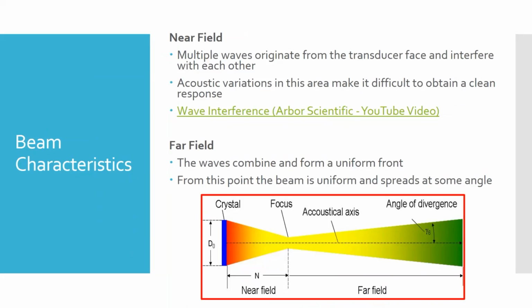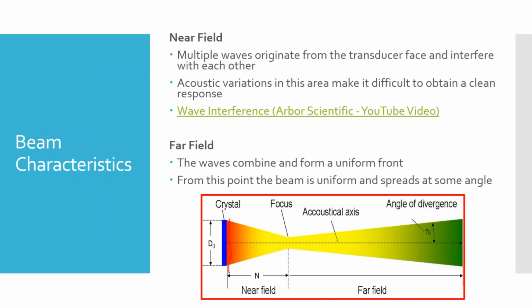In the near field, the sound waves bounce into one another, especially the waves that are leaving as well as the waves that are coming back from the transducer. And so you get a lot of interference. If this is our crystal, and we have a little bit of a wear plate in front of it, there would be a wear plate right in this area.